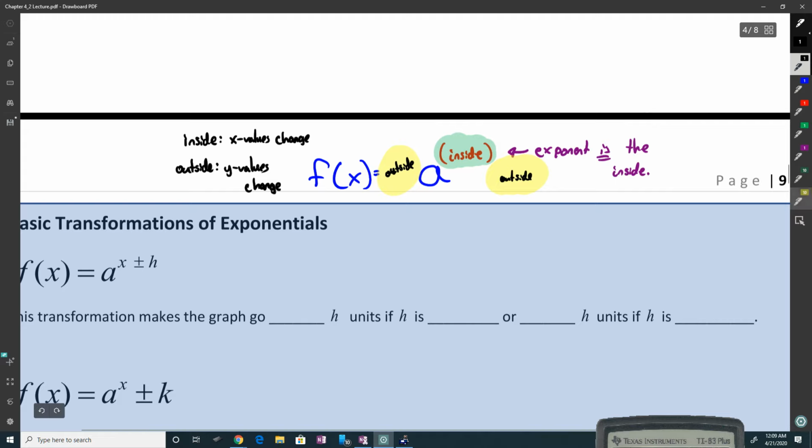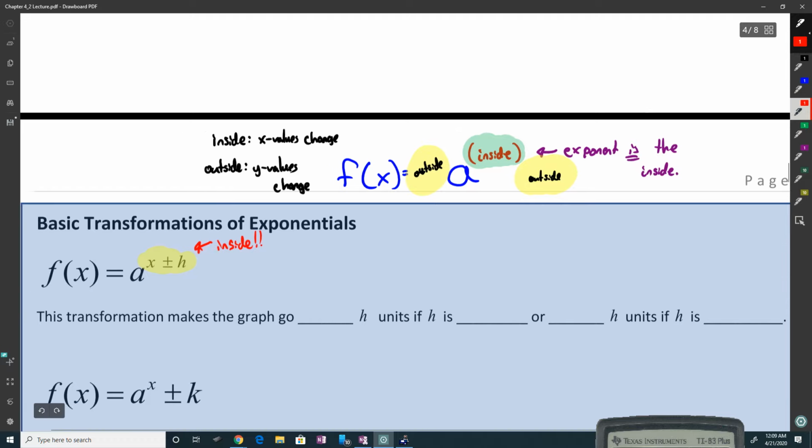So notice in this first part, this is on the inside. So in this one, the transformation makes the graph go, and inside's the opposite of what it looks like, so it makes the graph go left h units.